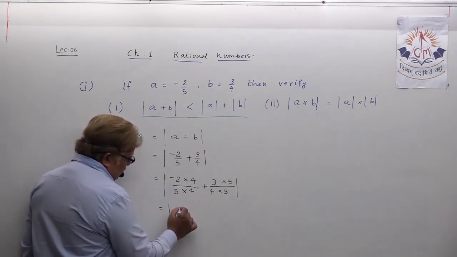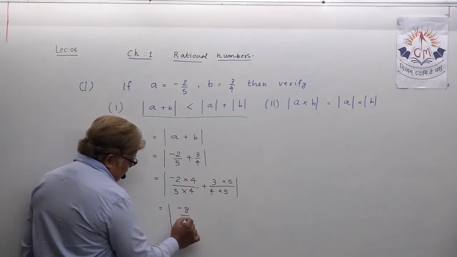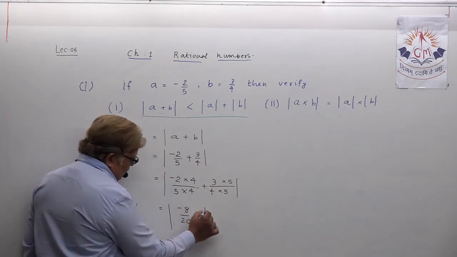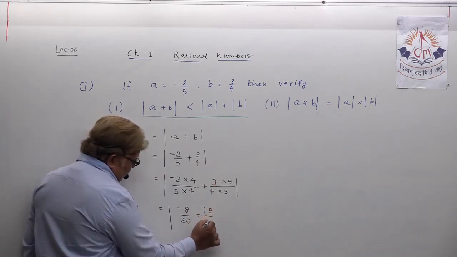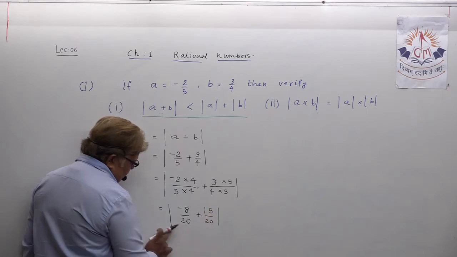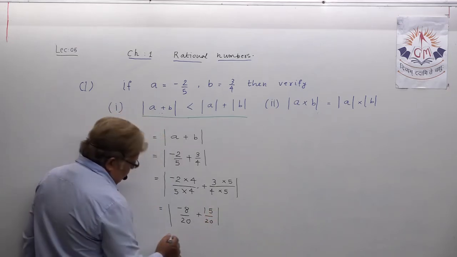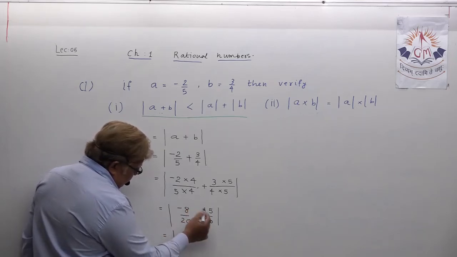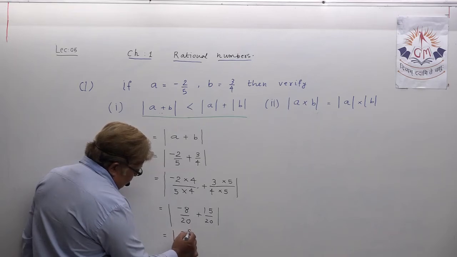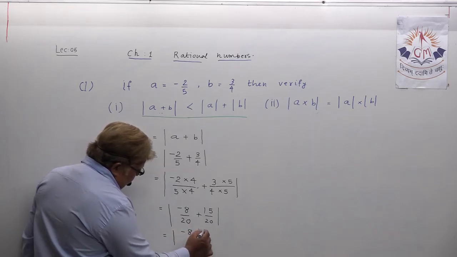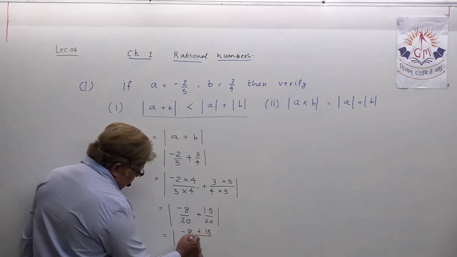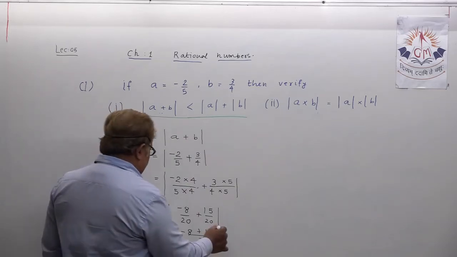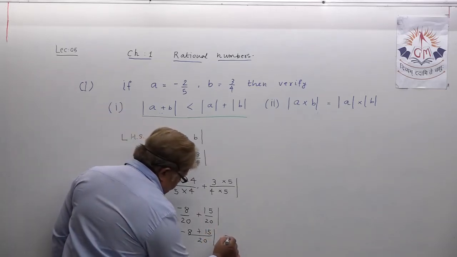Modulus of minus 8 upon 20 plus 15 upon 20. Next step, because you now got a common denominator, just collect the numerators. Minus 8 plus 15 upon 20. Okay. Let us continue from here.